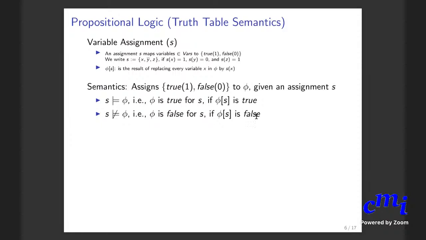That's also good. That's what truth table semantics corresponds to.